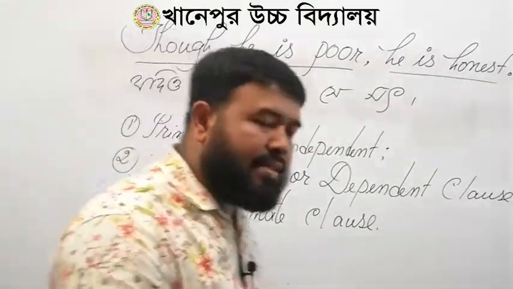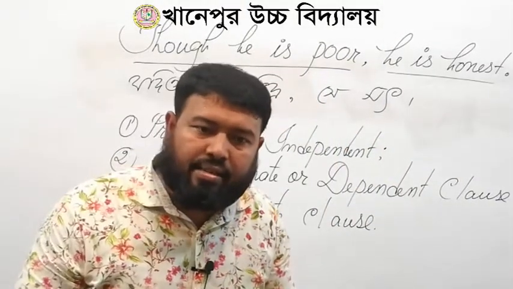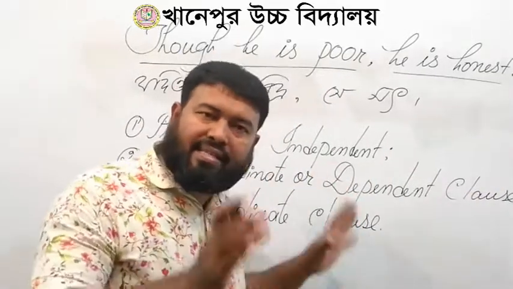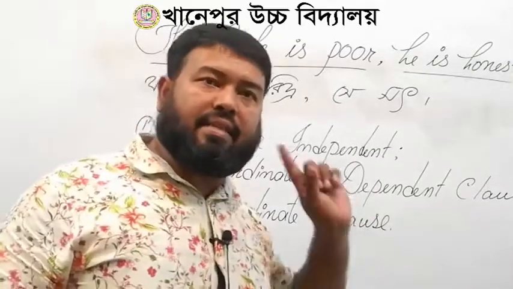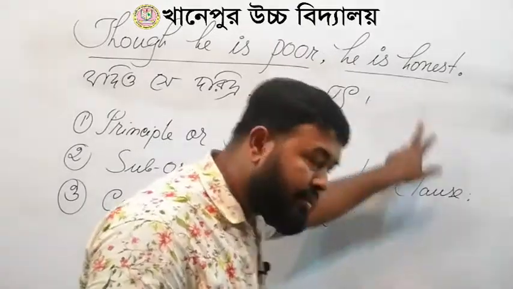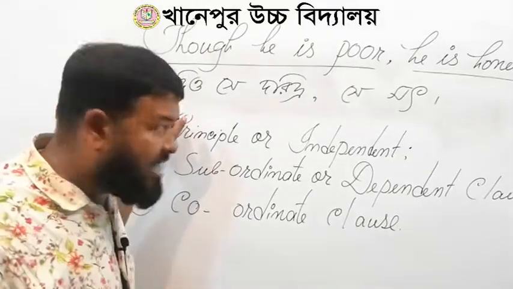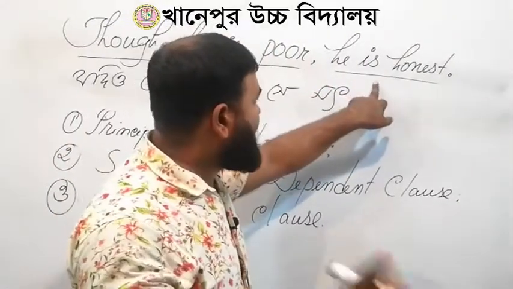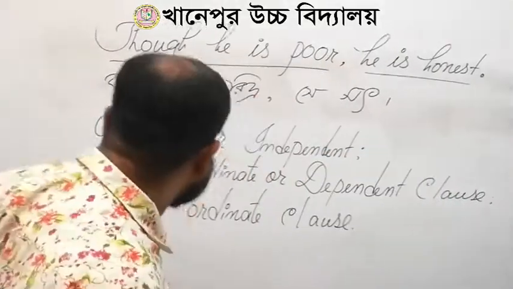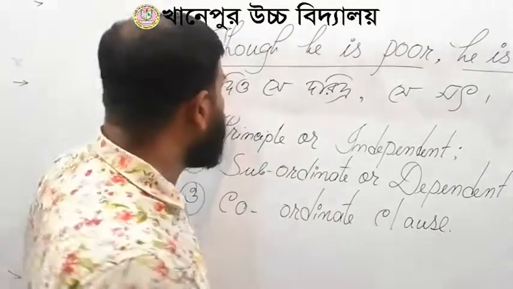So we can say, what is a complex sentence? A complex sentence is a sentence that has a principal clause and a subordinate clause. That means the sentence that has an independent clause and a dependent clause is a complex sentence.